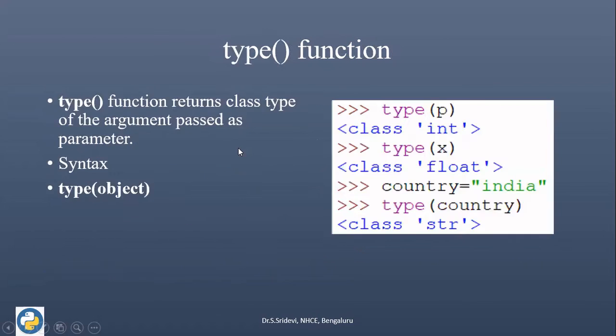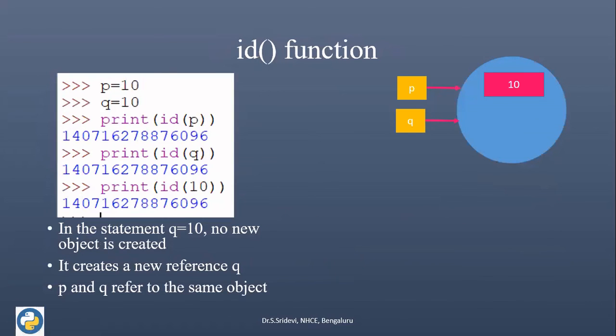For example, first we have created the object 10, and one reference to this object is p, and next we have executed the statement q is equal to 10. At this point, a second reference to the same object is also created. So here p and q are references to the same object. We can create any number of references to the same object.